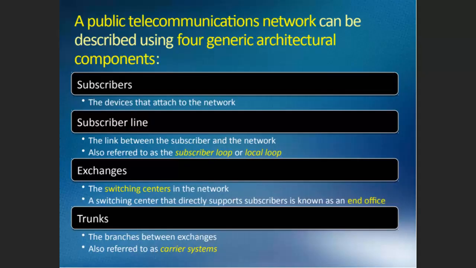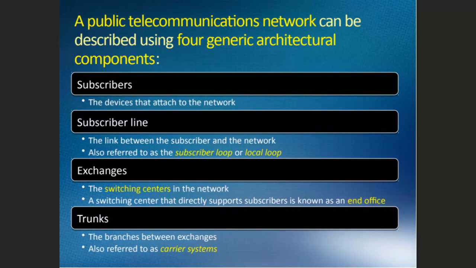What are subscribers? These are the devices that attach to the network. Remember, in networks we call them nodes, or clients. Here we call them subscribers. The telephone company considers you a subscriber. If you look at the invoice, you are a subscriber.